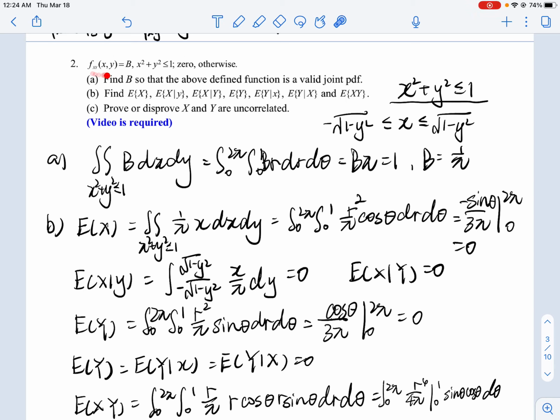Because the density function is a valid joint density function, we need to do the integration for this range. And we can find that the range actually is a circle.